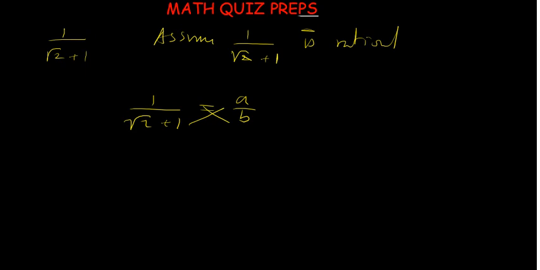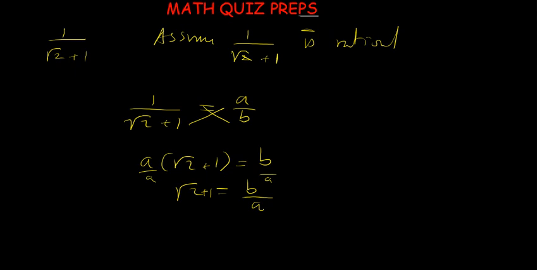So what we are going to have is a multiplying root 2 plus 1, and that should be equal to b. Okay. At this point we can divide by a, so that would be root 2 plus 1 is equal to b over a. We've just divided by the a on both sides. And then we can take the 1 over the other side.